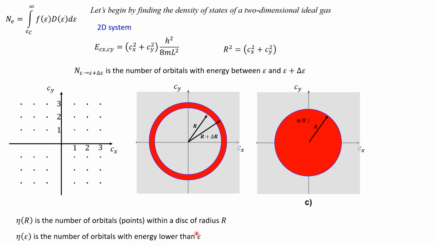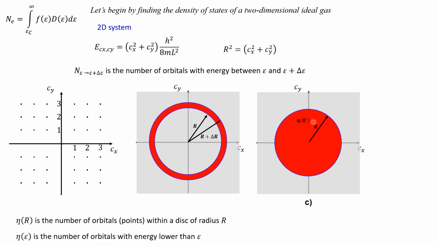Then, when we express this function in terms of the energy, we will be obtaining the number of orbitals with energy lower than epsilon. And to understand that, just consider that, for example, we have a disk here of radius r, and eta of r would be the number of points inside the disk, the number of orbitals inside the disk.